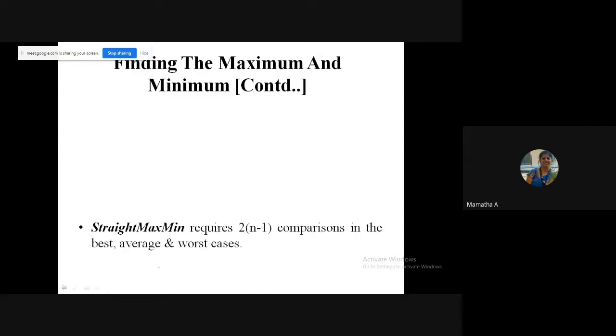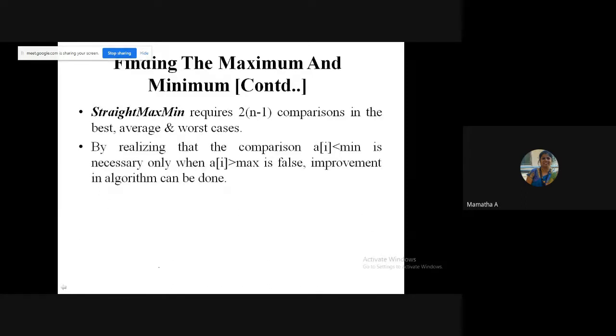So I'll make some slight changes. The comparison A of I less than min will be necessary only when A of I greater than max is what, students? False. When A of I is not the maximum, then it can be a minimum.